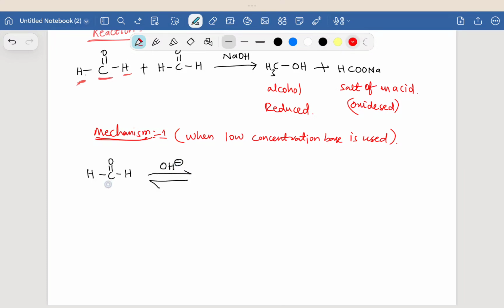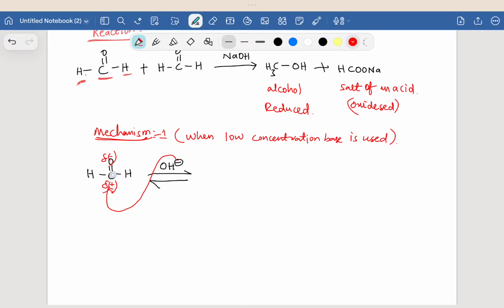As we know already, in C double bond O, carbon is partially positive and oxygen is partially negative. The carbon, which has fewer electrons, acts as the electrophile. OH minus already has more electrons, so it will attack the electrophilic carbon atom.